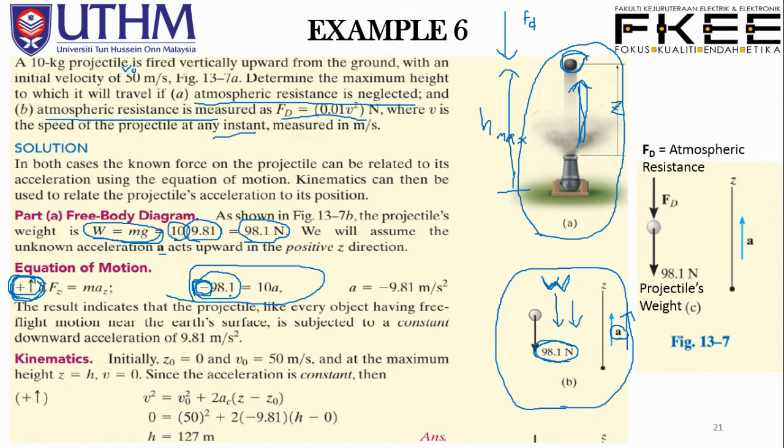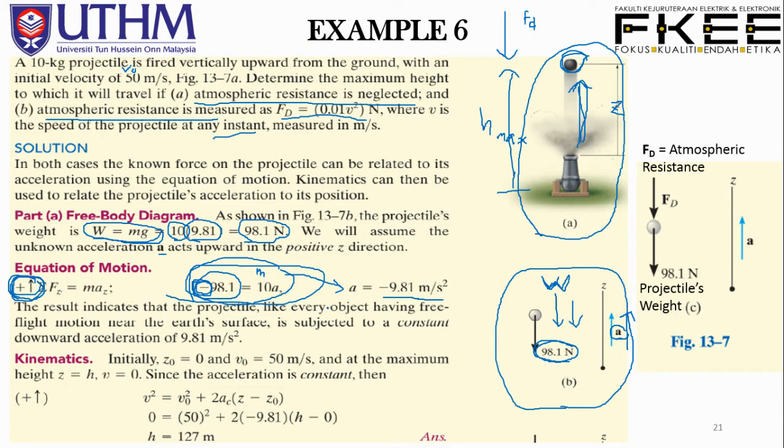Negative 98.1 equals m, the projectile's mass, which is 10 kg, multiplied by a. After you solve this equation, you get a equal to negative 9.81 meters per second squared.